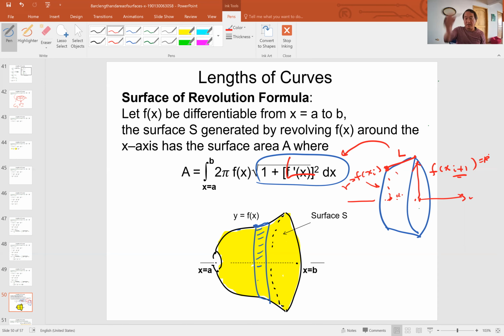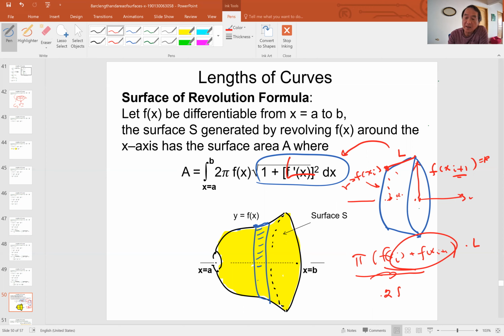As this line spins around, the surface area of this is pi times f of x sub i plus f of x sub i plus 1, times L. Okay, R plus r times L, but times 2 pi. The r plus R basically becomes twice f of x in that formula.